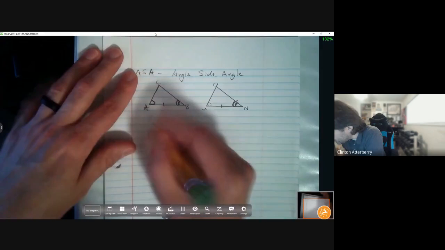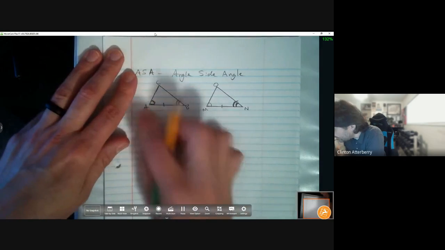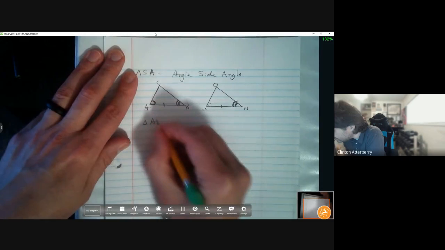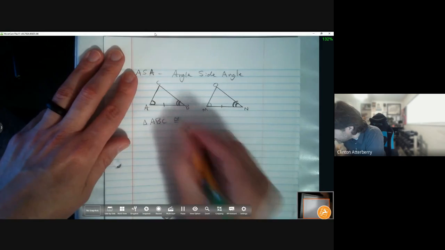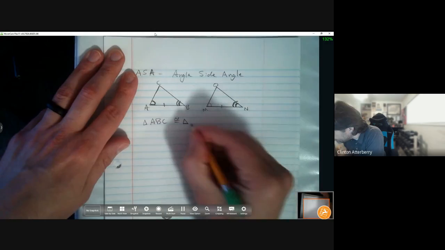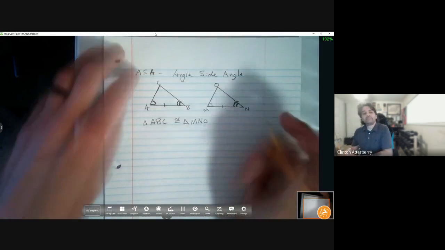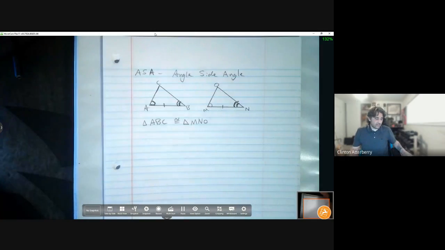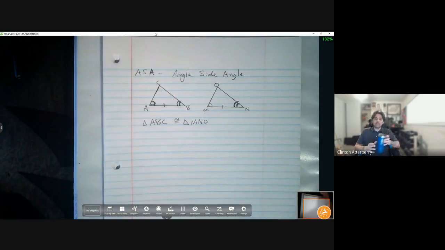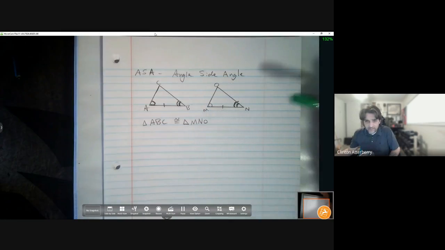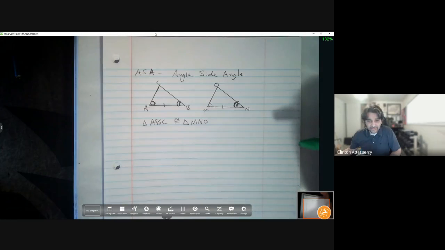So I can say with confidence that triangle ABC is congruent to triangle MNO. I'll leave this up for about 20 more seconds, 30 seconds, and then we'll go back to watching the video, review this, and talk about the same kind of thing. Remember, if those pieces are the same and the claim is made that they're congruent, that means all the other pieces are the same too.